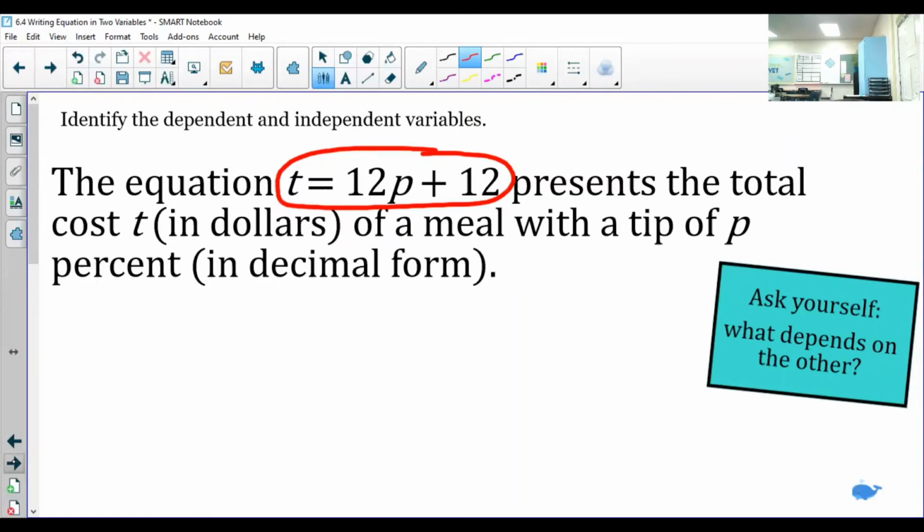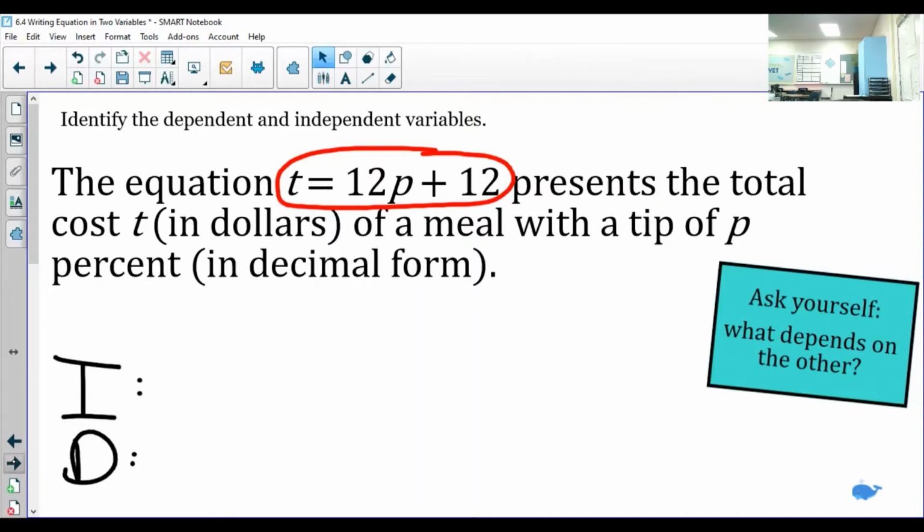Now, my two variables, one of them is independent and one of them is dependent. My first variable is t, which is the cost of the meal, and the second variable is p, how much tip I leave. And you have to ask yourself, what depends on the other?